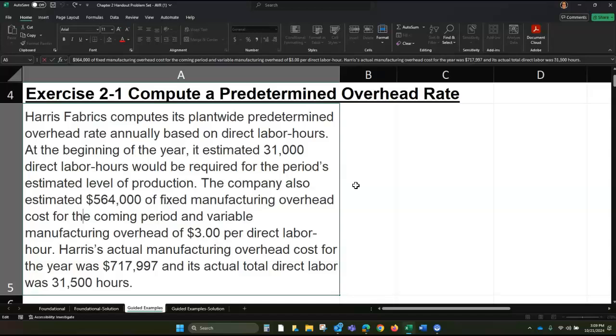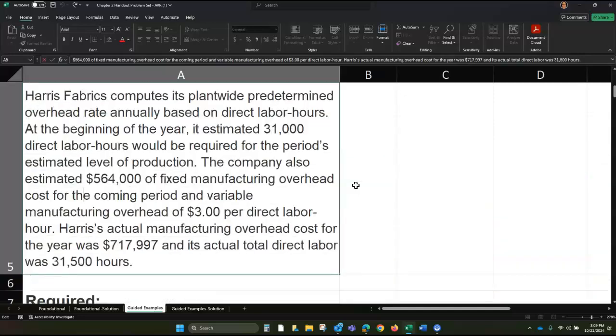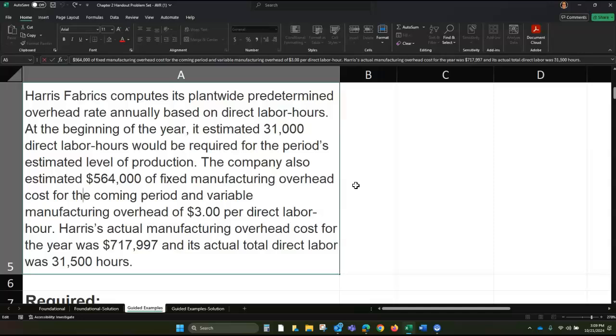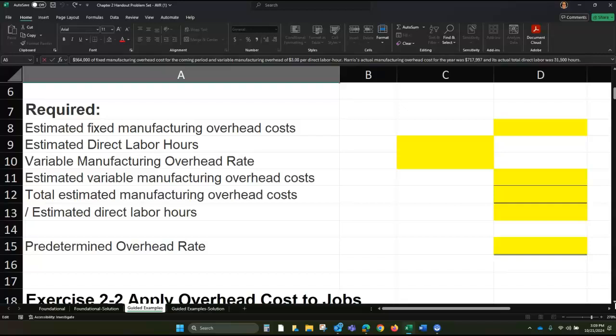Now, let's take a look at how we look at this problem. All right? Okay, I'm not sure why that keeps doing that. Okay. All right. So what we have to do is we have to calculate the predetermined overhead rate.